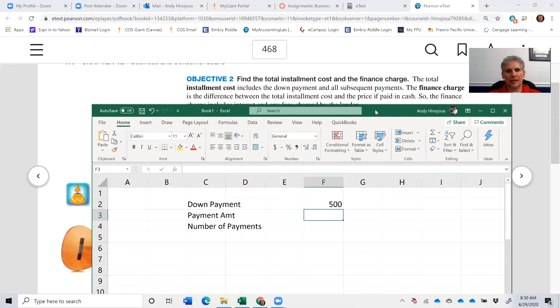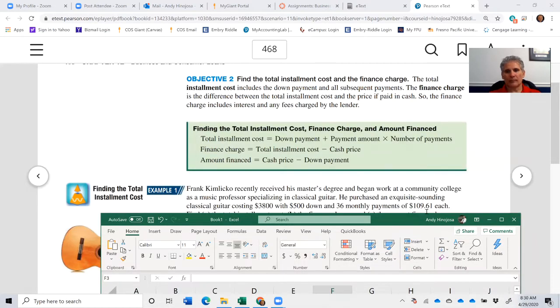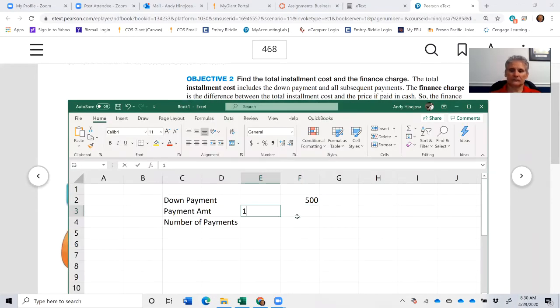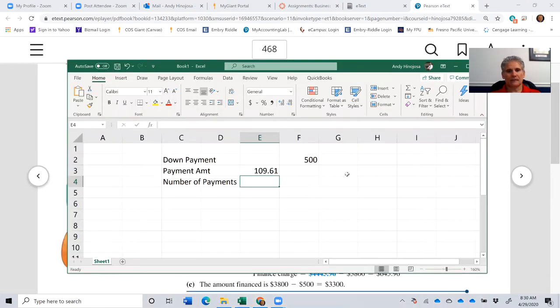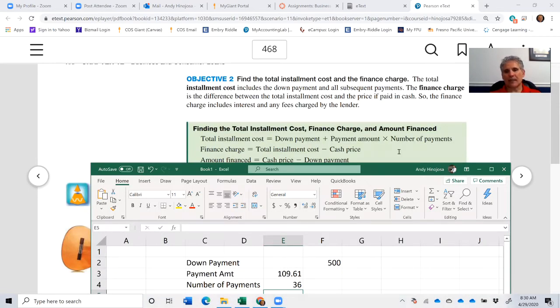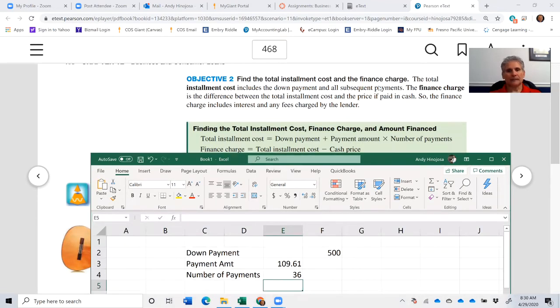And then the payment amount is 109.61. The number of payments, 36 monthly payments. And the formula, if you recall, says let's take the down payment and we're going to add to that the payment amount and the number of payments.